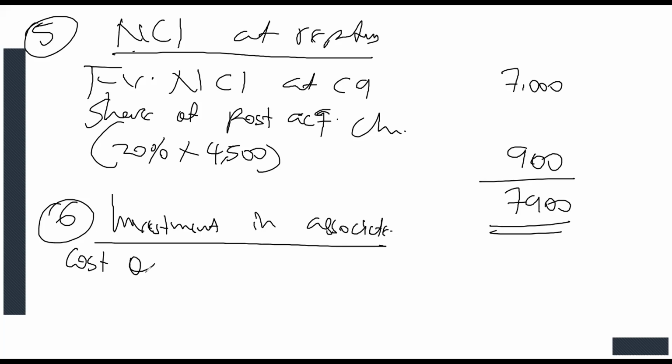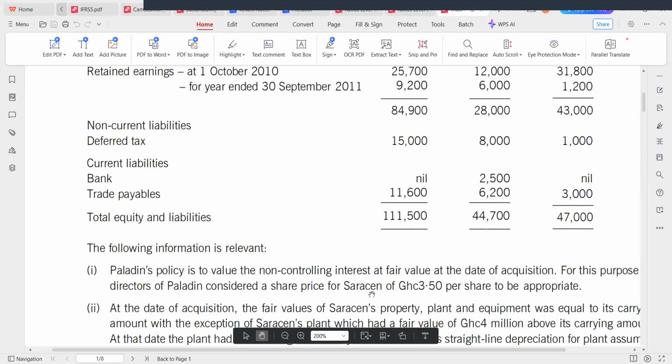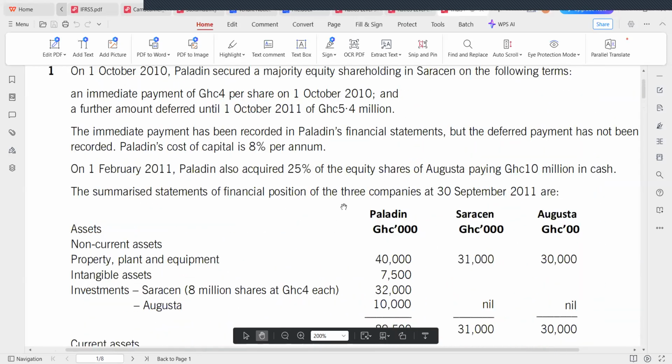So cost of consideration, what the parent paid. I have one dangerous question for you. Once we solve that question, we are good to go. How much did the parent pay? Here it is. On 1st February 2000, Paladin also acquired 25% of the equity shares of Augusta, paying 10 million cash.